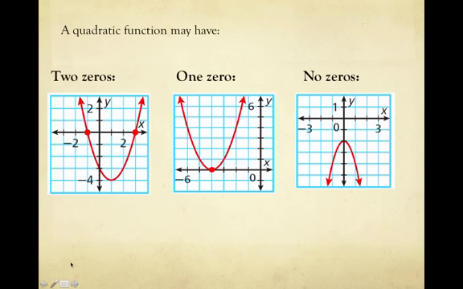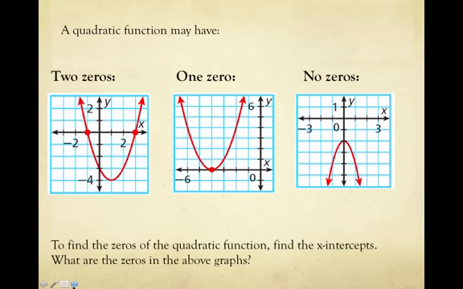Here I've got, remember, a quadratic is going to look like a parabola. And here I've got my parabola crossing my x-axis 2 times, so I have 2 zeros. Here my parabola is touching the x-axis, therefore I only have 1 zero. And here my parabola is below my x-axis, so I have no zeros.